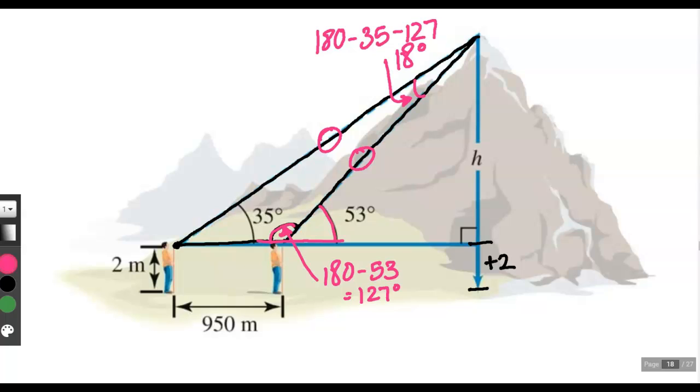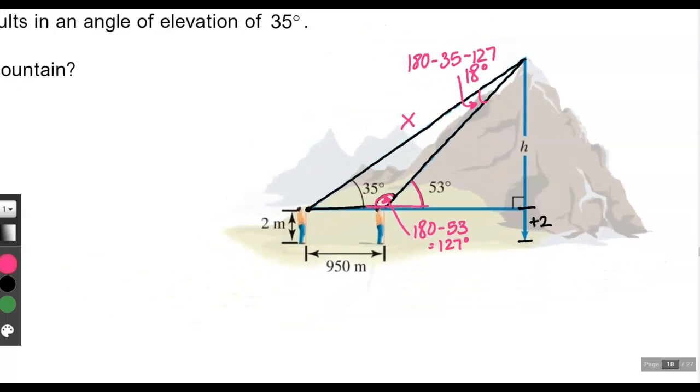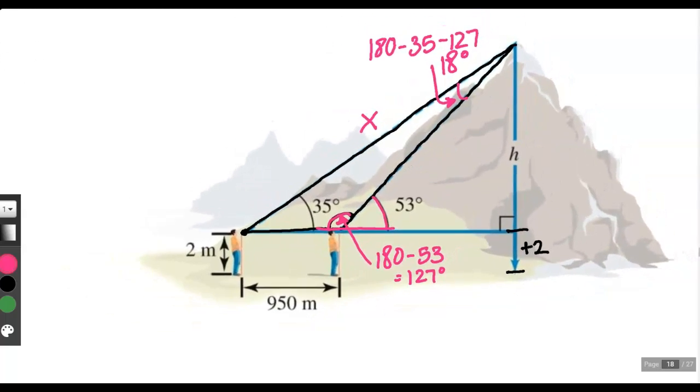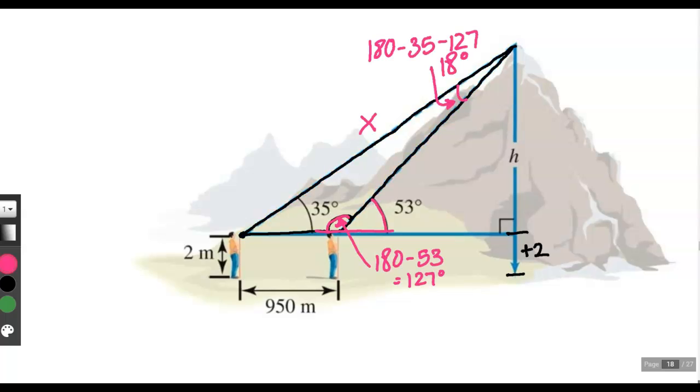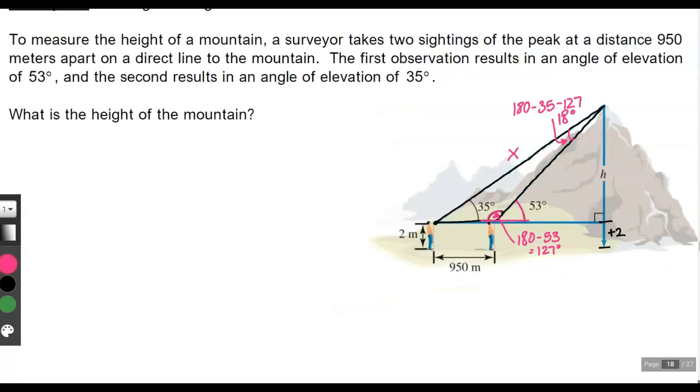Okay, but do we have a side length on this triangle? Do we have a side length at all? No. So first we have to find one of these sides. It does not matter which. I'm going to find, I think, the bigger side. So I want you guys to use law of sines to find the bigger side on that right triangle there. That x length. Use law of sines to solve for x.